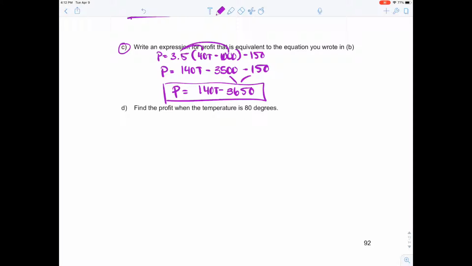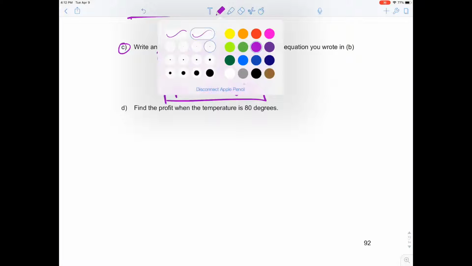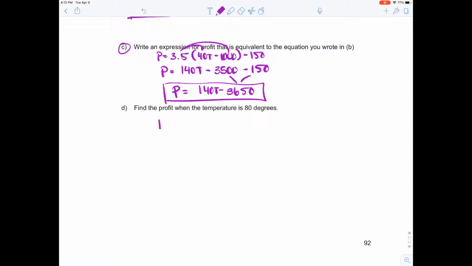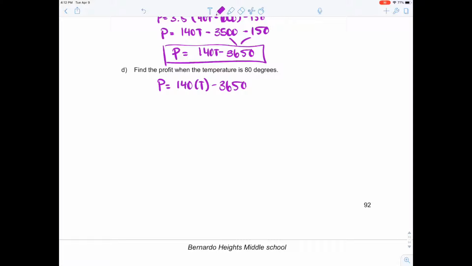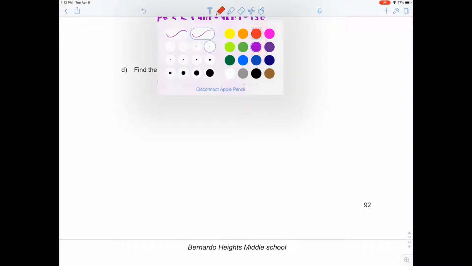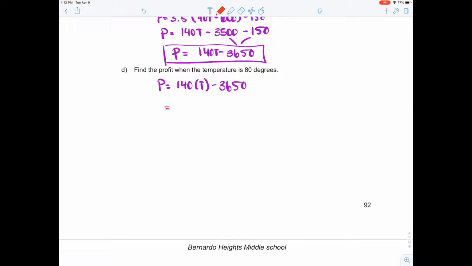So now we can find the profit when the temperature is 80 degrees. So let's go ahead and rewrite our equation. P equals 140 times T minus 3,650. My goodness. Okay, and I'm going to plug in 80 for T. So 140 times 80 minus 3,650.